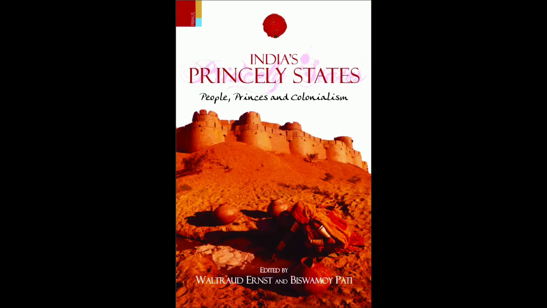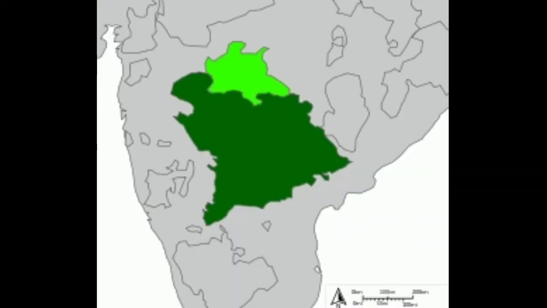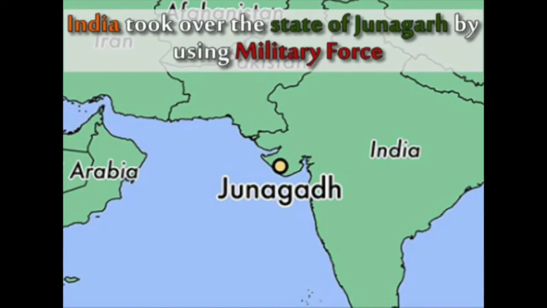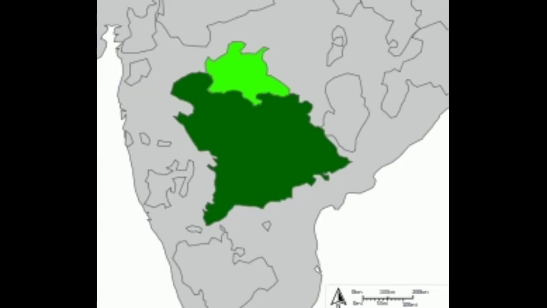He made it clear that if they did not do so, they would be taken over by force by the army. Almost all princely states agreed to join India except Kashmir, Hyderabad and Junagadh. After 2 years, Kashmir and Junagadh joined, but the Nizam of Hyderabad wanted to join Pakistan.